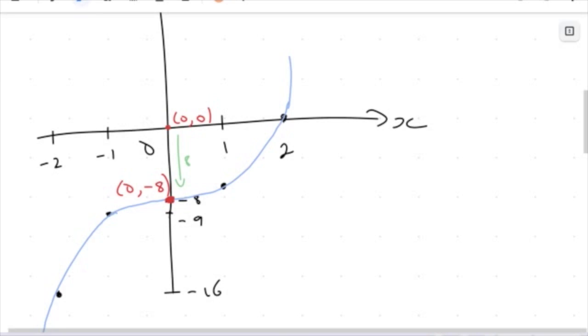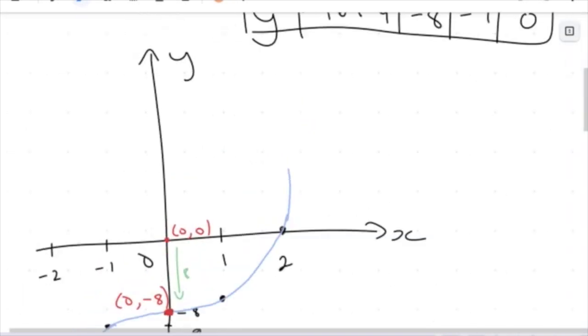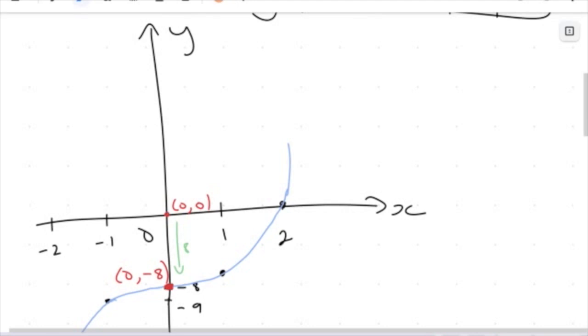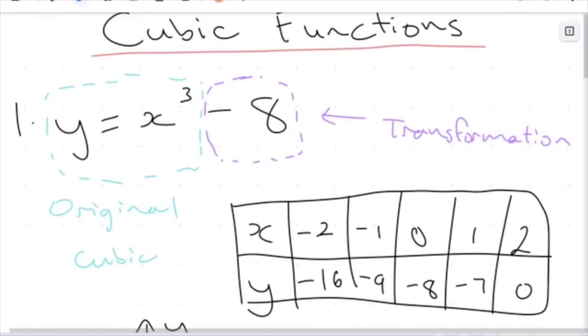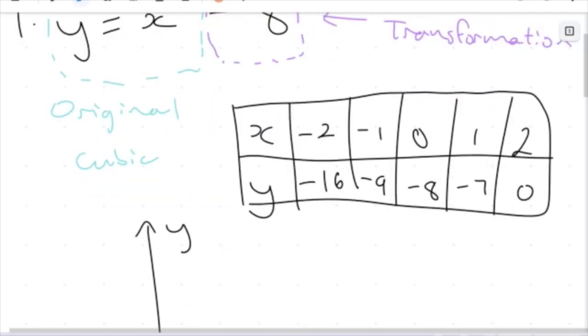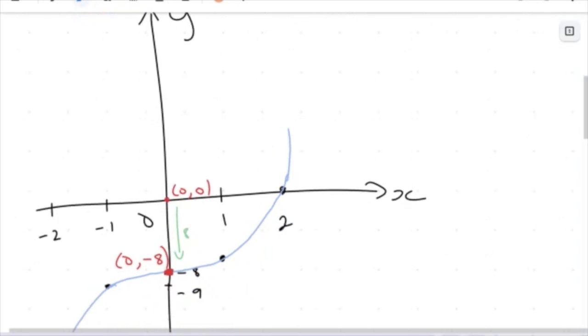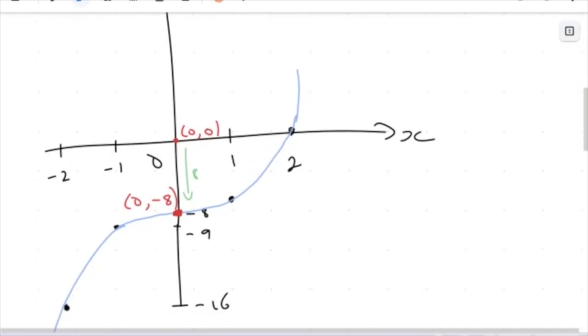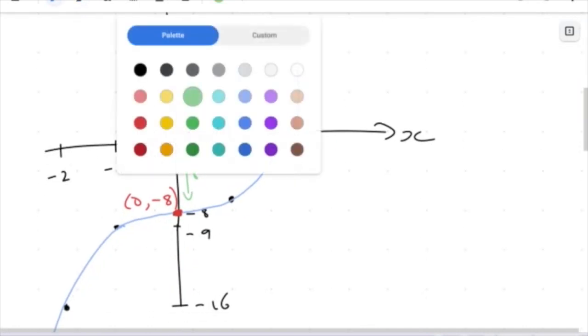Now we can also do this by finding some key points. So we can always find the point of inflection by seeing where it goes from 0, 0 based on the transformation that's included in our original equation. And we can also find some other key points, so y-intercepts and x-intercepts. I've already drawn this here, and our table of values tells us these anyway, but let's just confirm what these intercepts are.